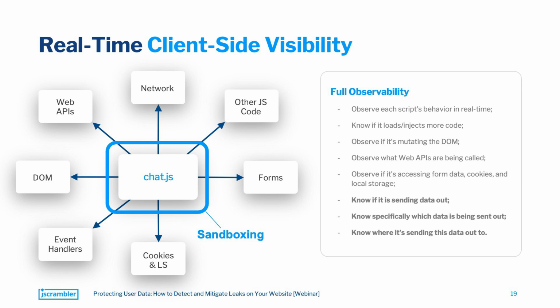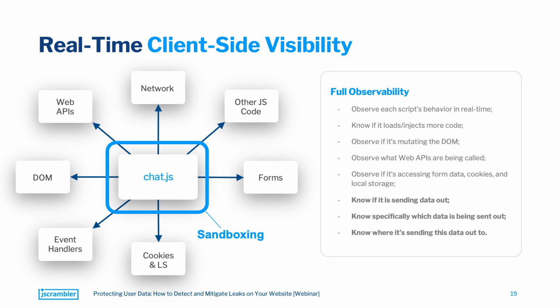And in the case of MageCart web skimming attacks, for example, we would receive an alert that one of our scripts tried to send credit card information to a drop server. This alert would then contain the full details of the specific data that was accessed, the script behaviors that led to the attack, and the attacker's drop server.